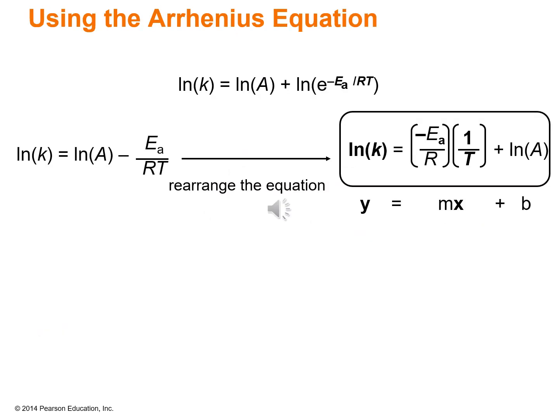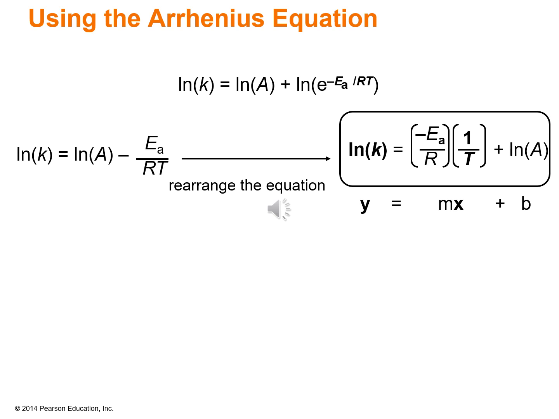So taking the natural log of both sides of the Arrhenius equation, we obtain the logarithmic form of the Arrhenius equation. This equation can be rearranged into the form y equals mx plus b.